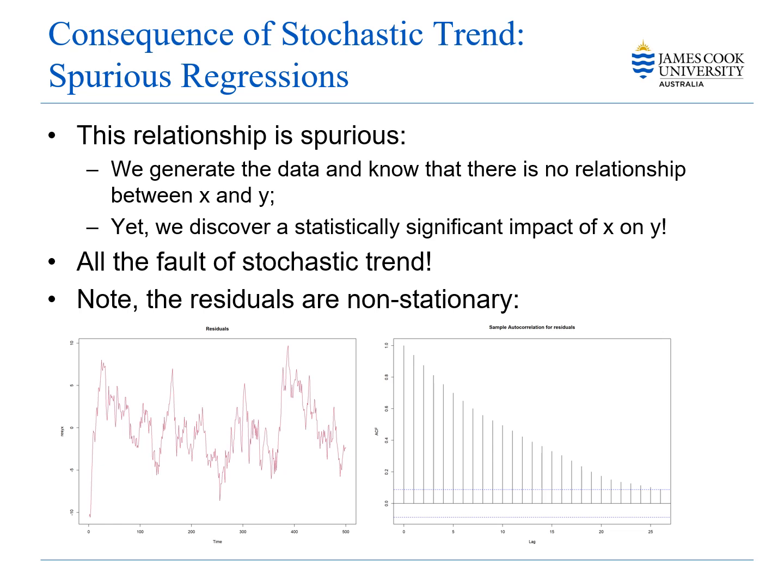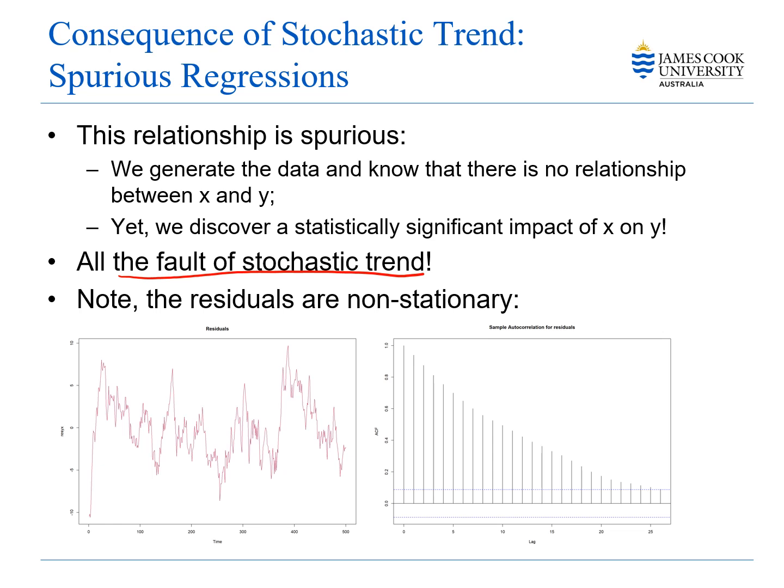We call this relationship spurious, or the regression a spurious regression. We generate data and know that there's no relationship between X and Y, yet we end up discovering a statistically significant impact of X on Y. And this is all the fault of these stochastic trends.